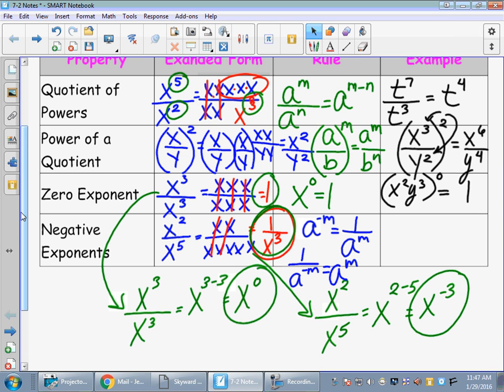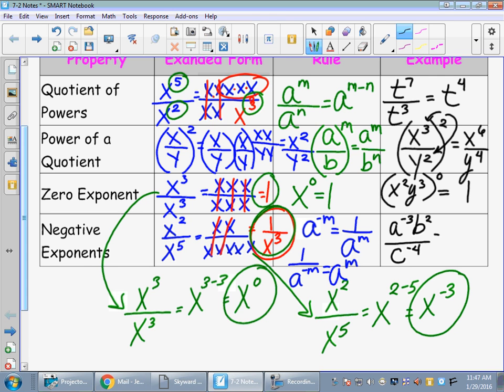So I'm going to show you a pretty complex problem to kind of understand that. So let's make a to the negative 3rd. Let's make b to the positive 2. And then let's put them over c to the negative 4th. Okay, so the only things that will flip are the things that are negative.